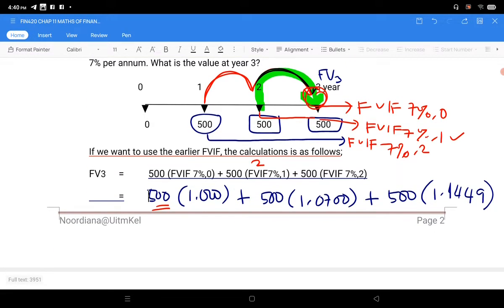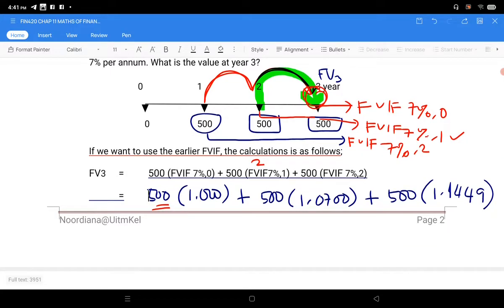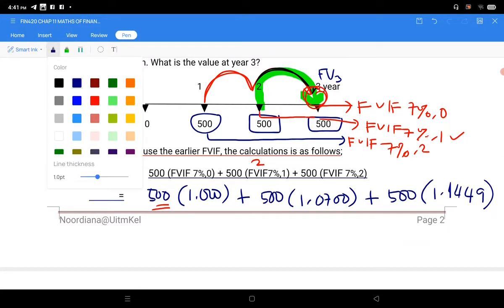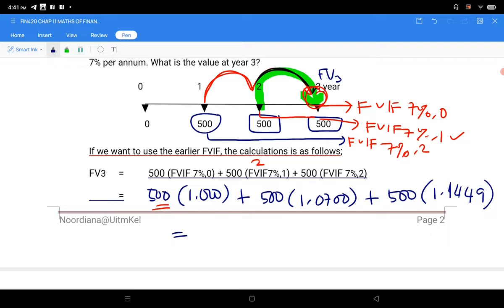Dan kalau kita calculate, you calculate the amount, kira semua, you akan dapat 1607.45. Right. So ini adalah cara nak calculate.